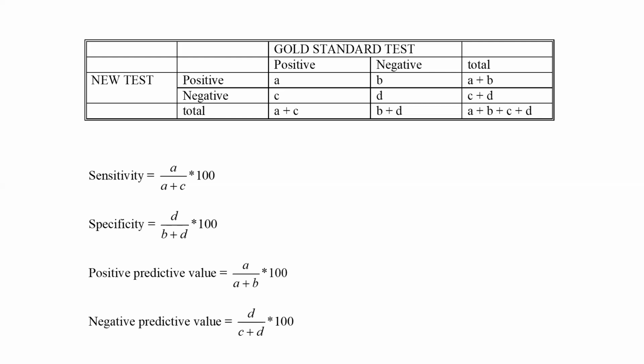So we identify a considerable amount of people with the disease, do the diagnostic test and confirm the diagnosis. So for a disease that is spreading rapidly, we need a test with high sensitivity.